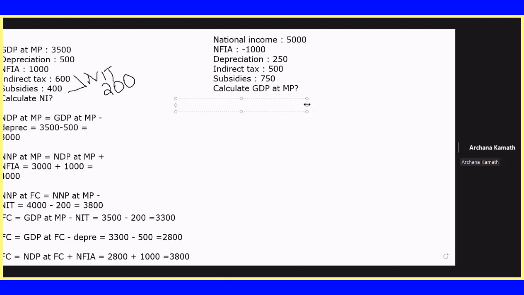Second question. National income is given. That means NNP at factor cost is given as 5,000. From there, you are supposed to find out GDP at market price.